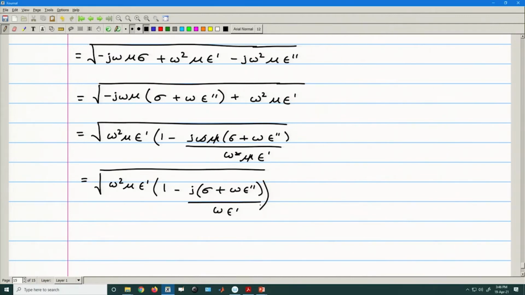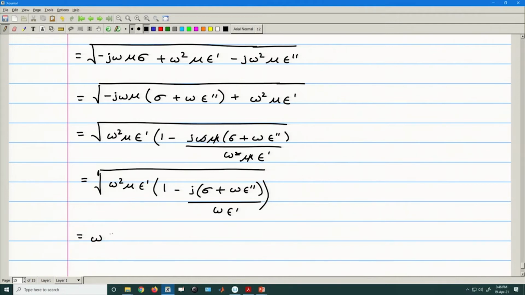Now, this omega square mu epsilon prime, I am just taking it outside the square root.